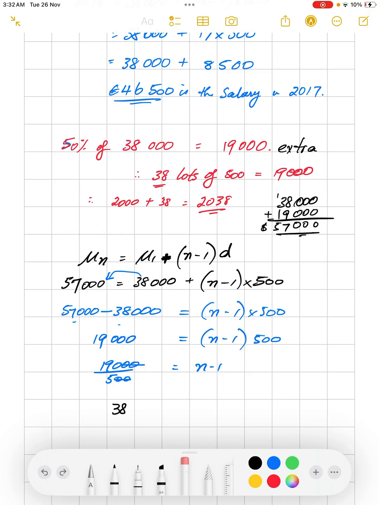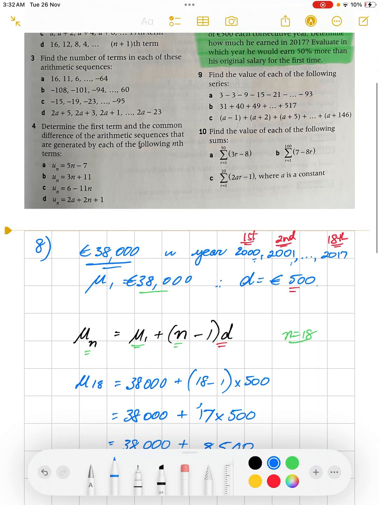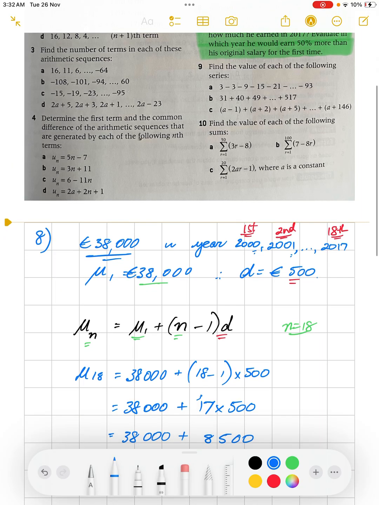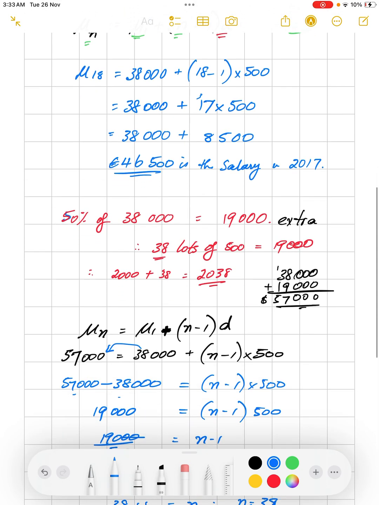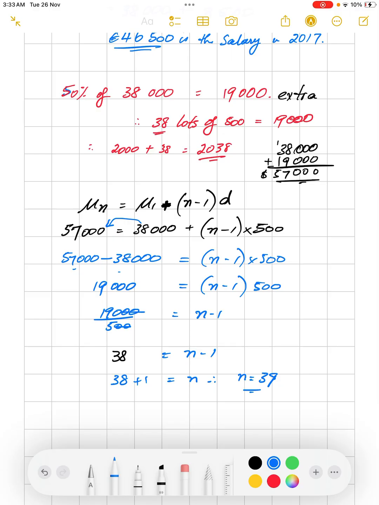Okay, that's better. So we've got, take away 1, put that 38 plus 1, therefore n equals 39. And did it say what year? It said evaluate which year. Well, n was 39, so the 39th year, just like we had at the start, is 2038, because the first year was 2000, so the 38th year was 2038.